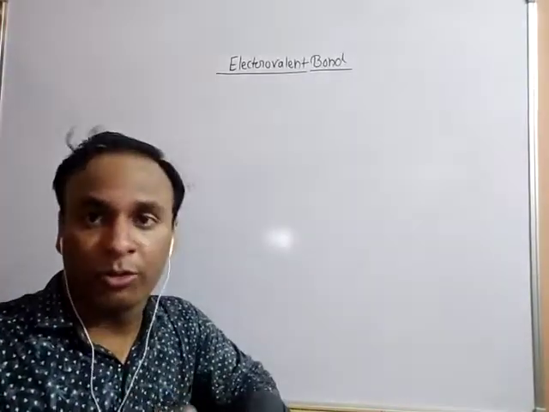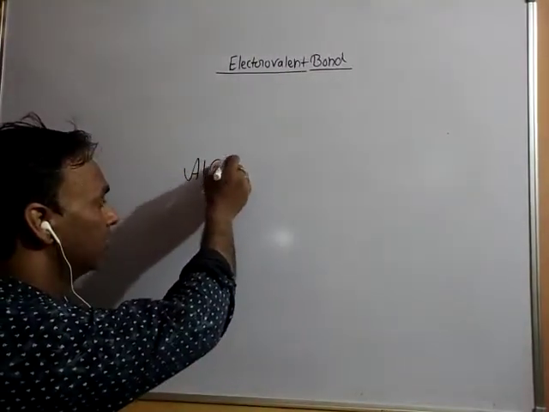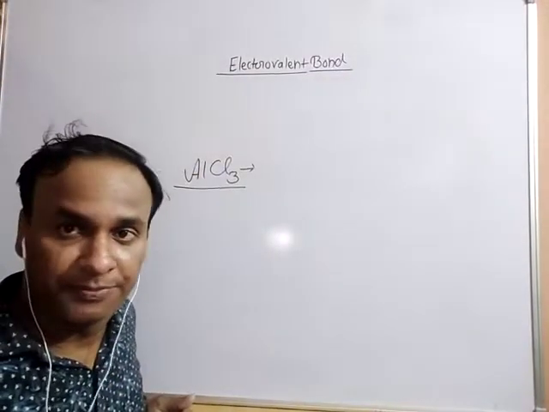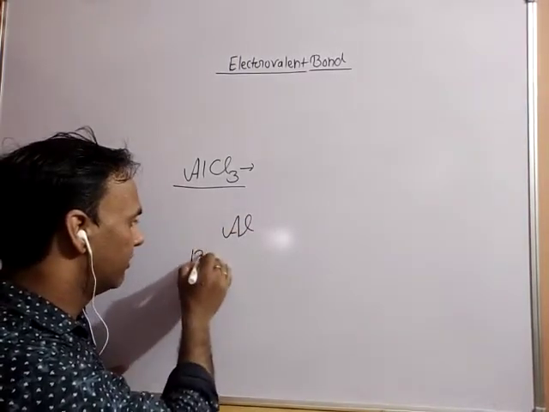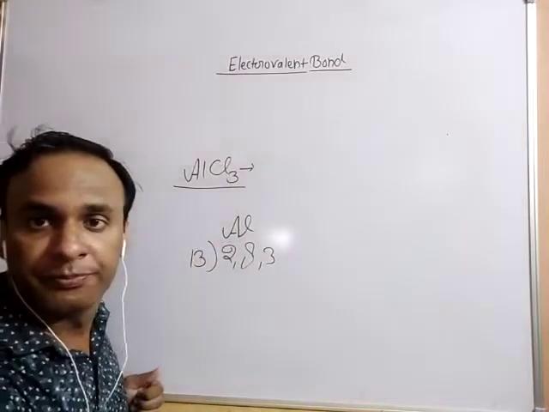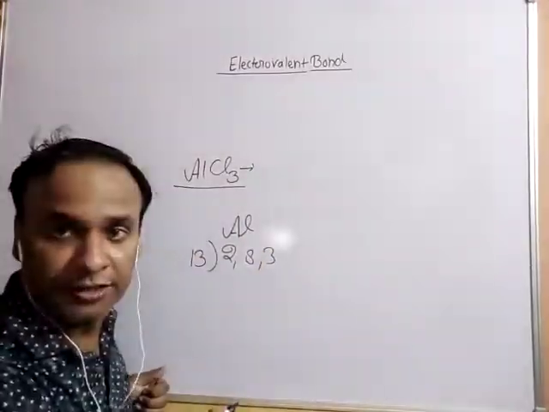Now let's talk about one more example, aluminium chloride, AlCl3. Clear? Here aluminium has atomic number 13 and its configuration is 2, 8, 3. Clear?